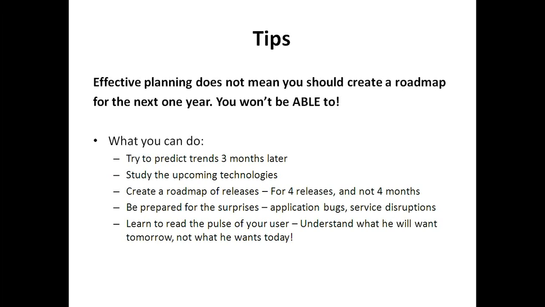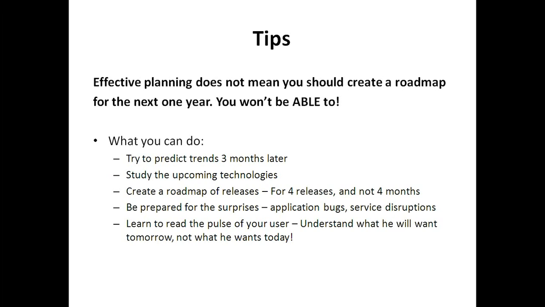And what is important, and also a common mistake, is do not create a roadmap for a time frame. Create a roadmap for the releases, because it's that which is going to help you. If you plan for 4 months, you don't know what would have happened in those 4 months. Create a plan for releases. Chart out that today I have this app, tomorrow I'm going to put in these enhancements, the next set of enhancements, and so on.